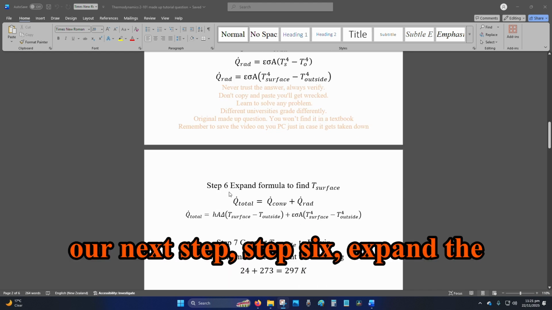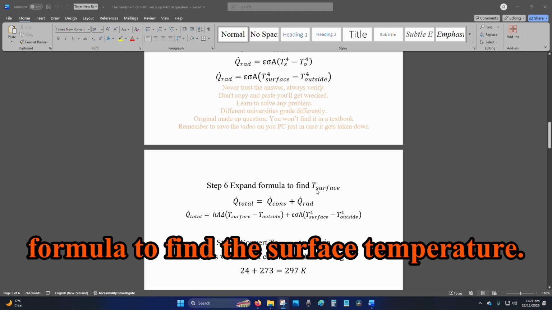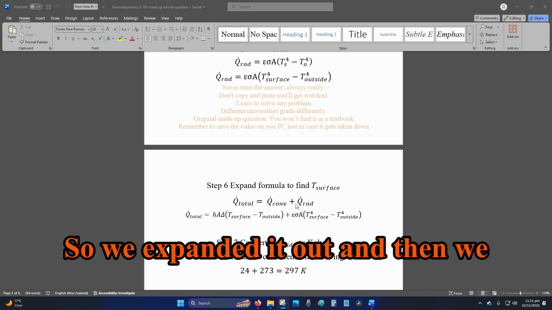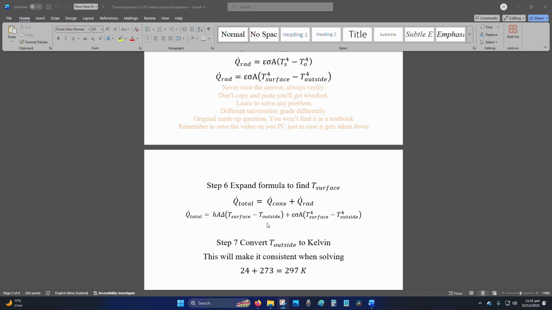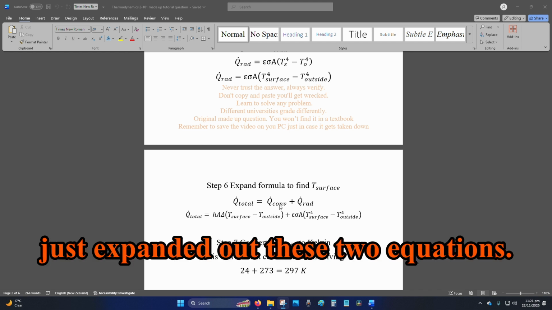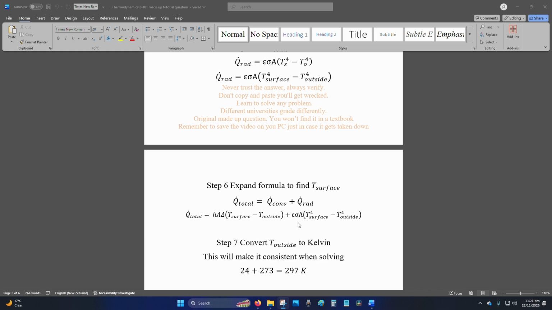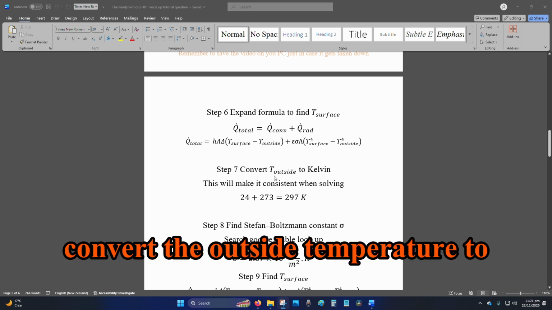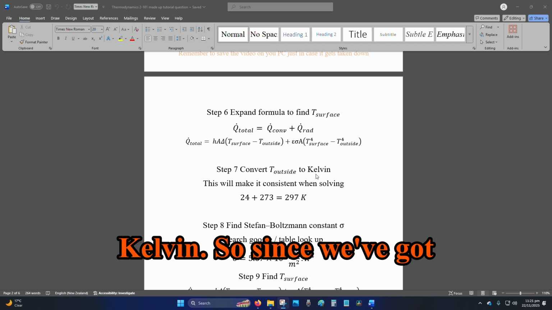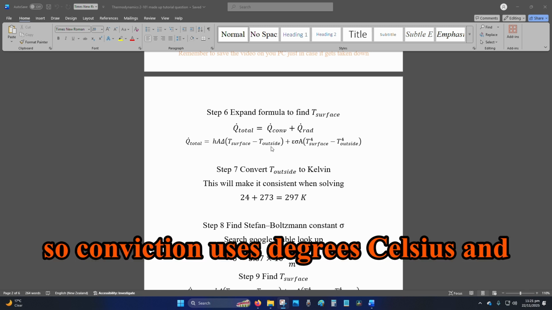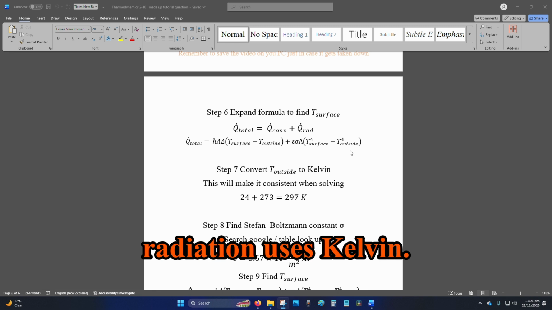Our next step, step 6, expand the formula to find the surface temperature. So we expanded out these two equations. Okay, step 7, convert the outside temperature to Kelvin. Since we've got radiation and convection, convection uses degrees Celsius and radiation uses Kelvin.